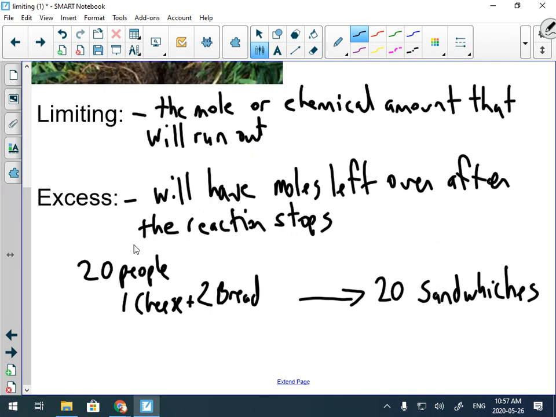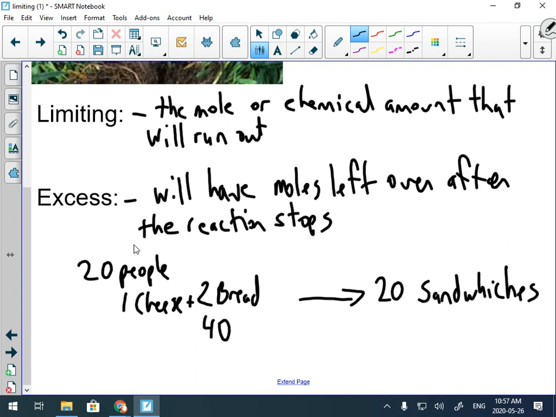Now, this isn't balanced properly, but the idea is that if we think of it this way, we would need 40 slices of bread to make 20 sandwiches, right? Because in order to balance this, in order to make enough sandwiches, you'd need 40 slices of bread.